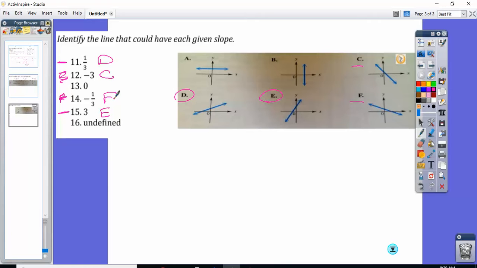What kind of line has a slope of 0? Horizontal line, so that would be A. Undefined, when is your slope undefined? Vertical line, so that would be B. Okay, so this handout is just kind of going back through all the different pieces that I talked about in that video yesterday. Are there questions on any of those?